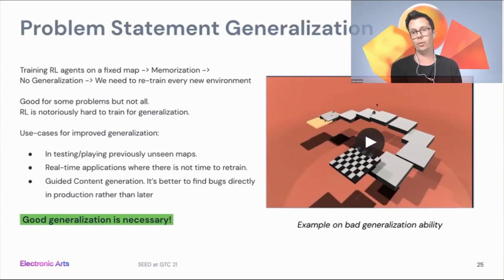If people want to create their own cars or their own environments, like buildings or similar, we would like to be able to test them. But also for guided content generation. If we would like to have this in real time, we're not going to have time to retrain, but we would like to have an agent that can handle a big spectrum of different challenges.